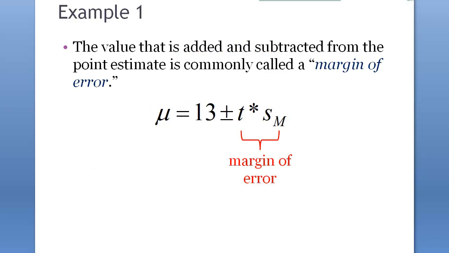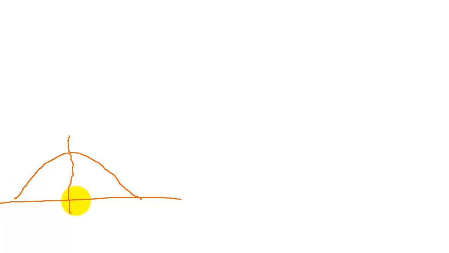Okay, let's think about that. So previously we had this hypothesis testing. We thought the mean was 10, but the sample mean was 13 here. And the critical value was here.